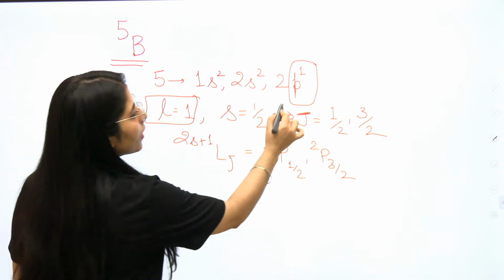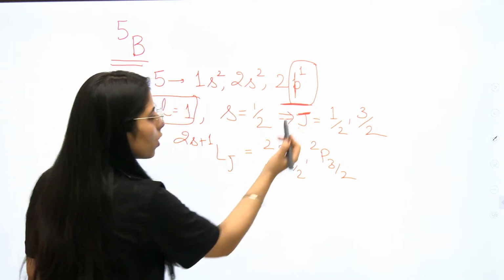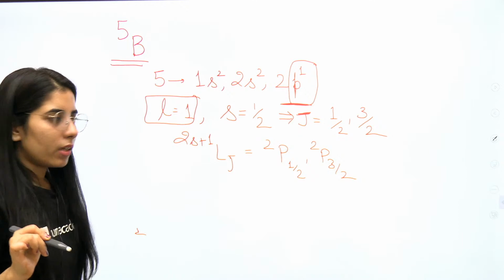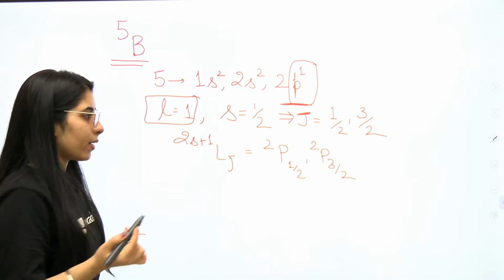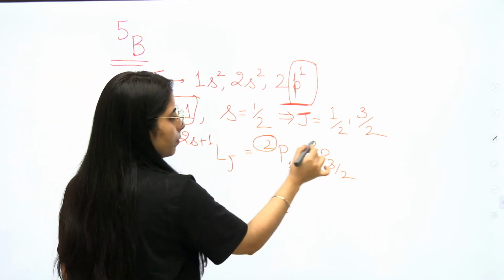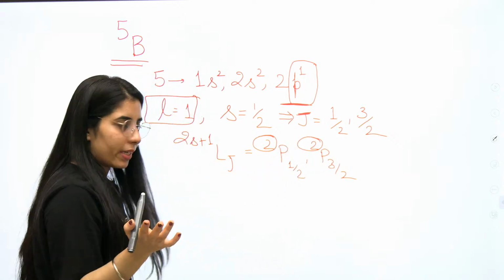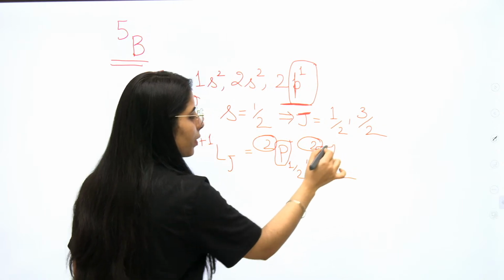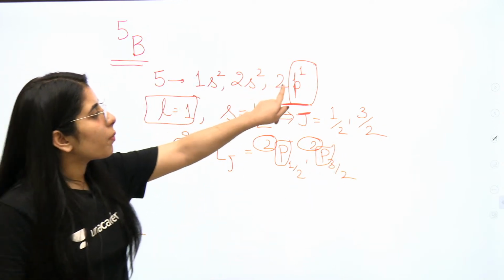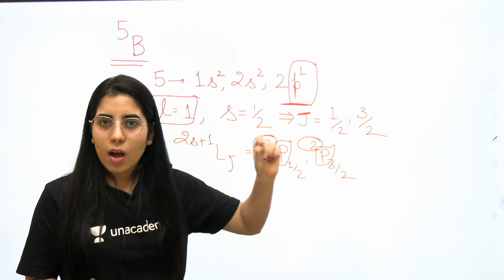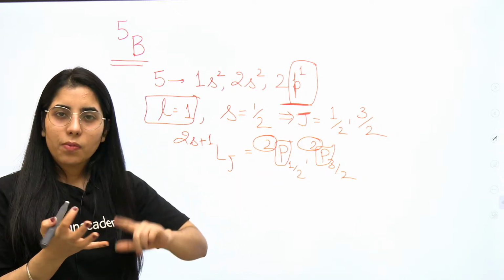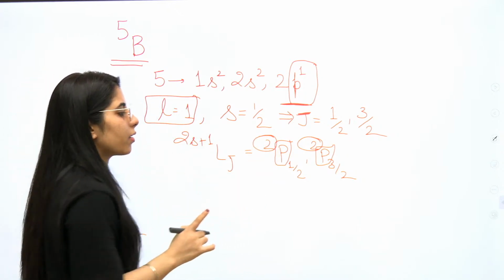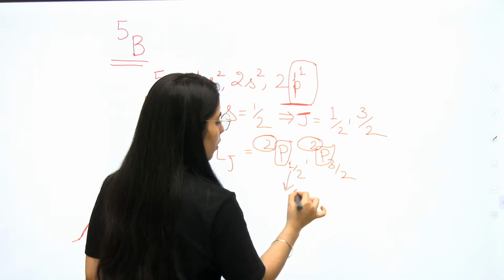Now the point is, it is a less than half filled case. So you can see when you will compare with the multiplicity, same, we can't compare it. With the L values, same, we can't compare it. But if I'm going to talk about the concept less than half filled case, lowest J term will have the lowest energy. What is the ground state? 1 by 2 or 3 by 2? 1 by 2.